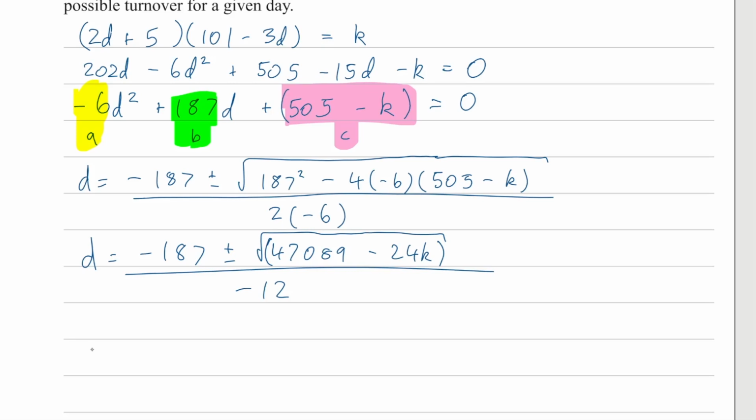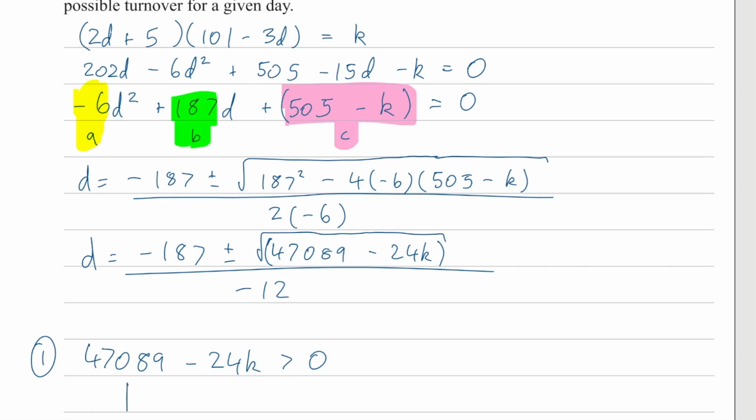So we could say for condition 1 that the discriminant, the expression under the square root sign, must be positive. And then rearranging for k, add 24k on both sides, divide both sides by 24.